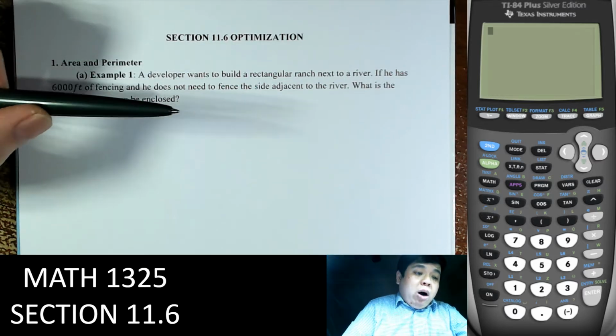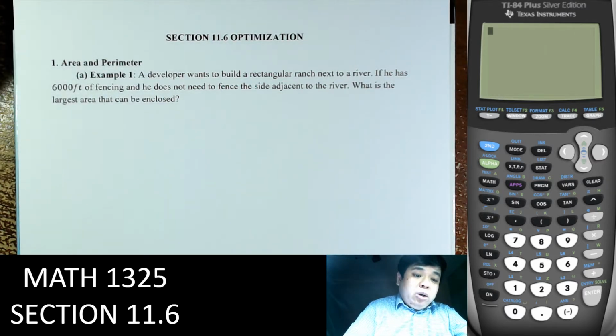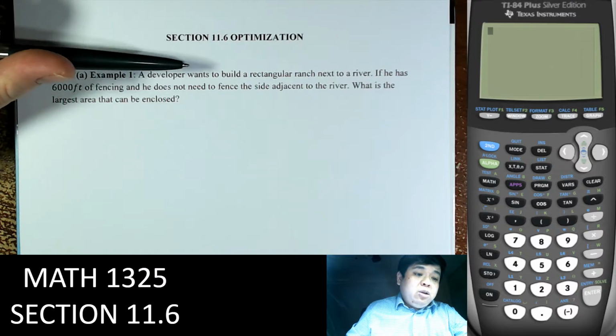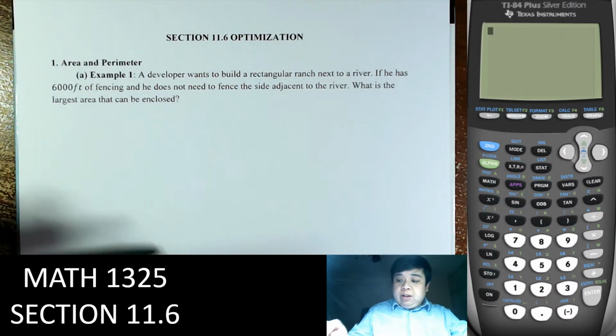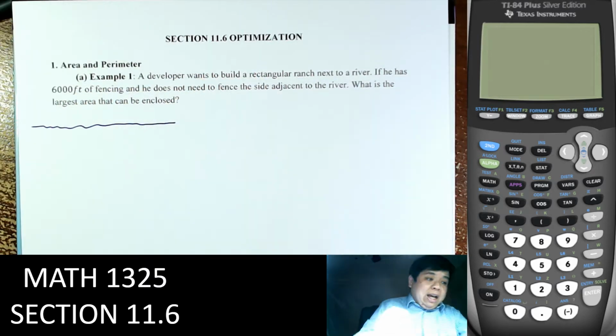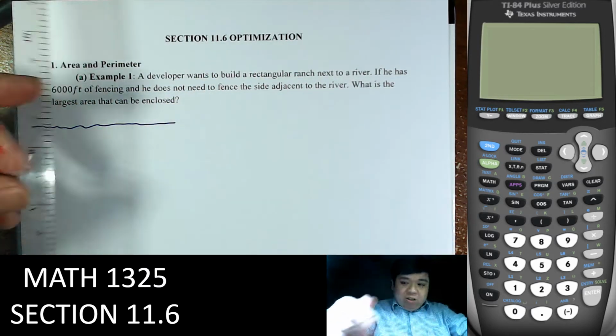A developer wants to build a rectangular range next to a river. If he has 6,000 feet of fencing and he does not need to fence the side adjacent to the river. So we have the river. Assume the river bank is straight.